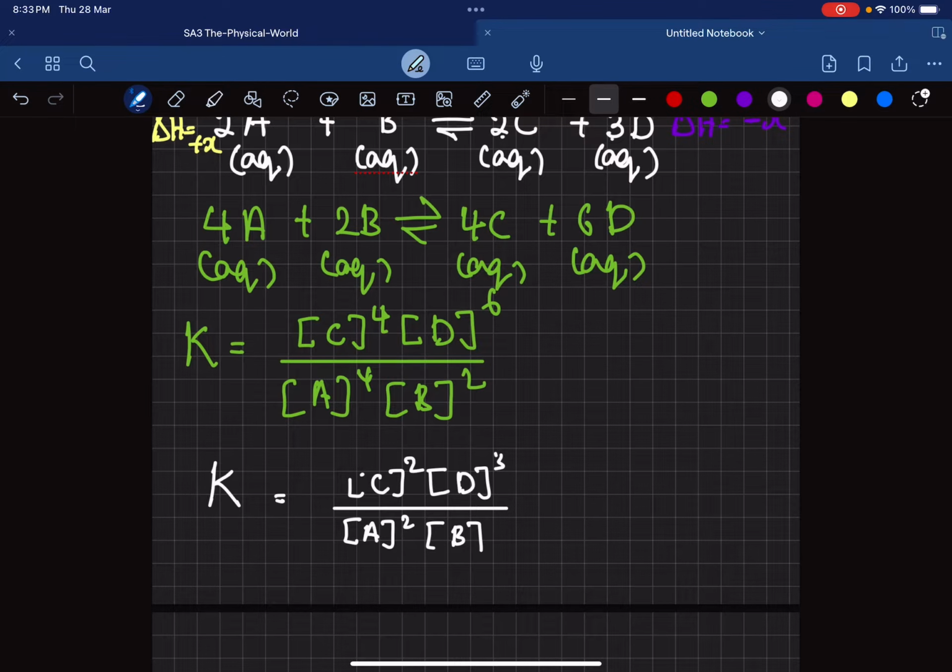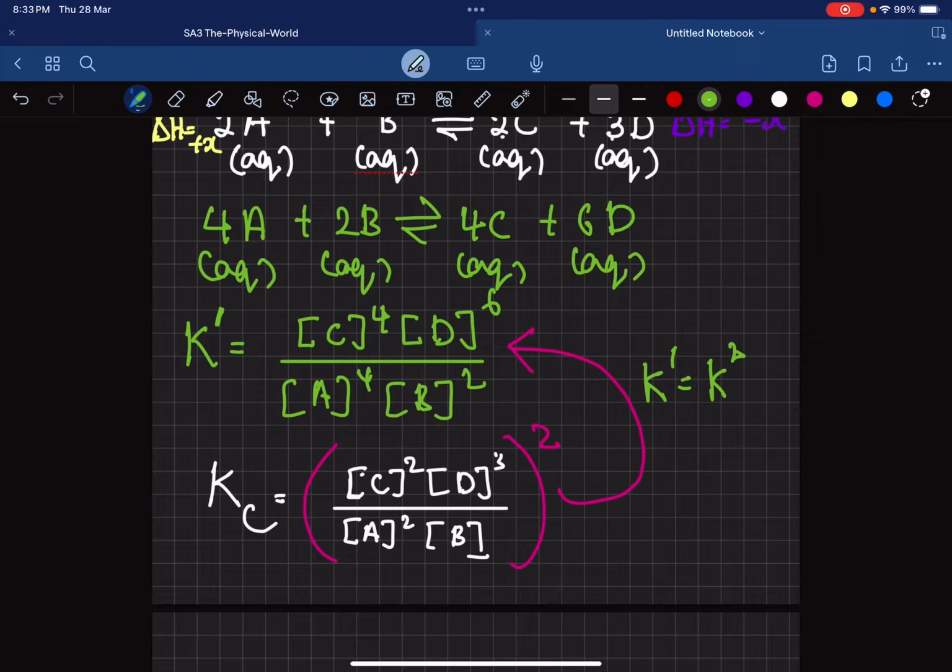Let's say Kc. Do you notice that if I put a 2 over here, it will become this? Mathematically, it will become that. So this K prime is actually K to the power of 2.